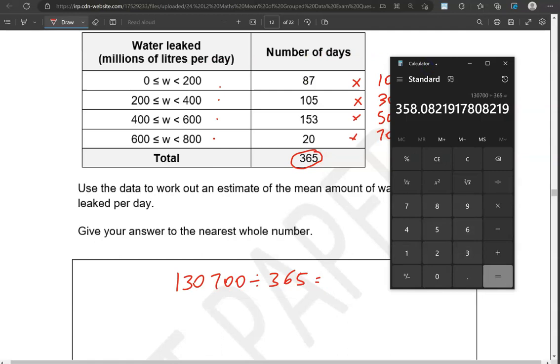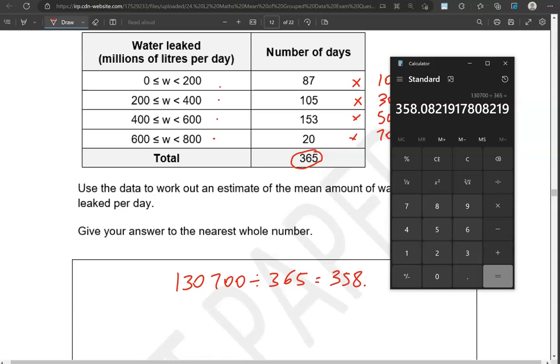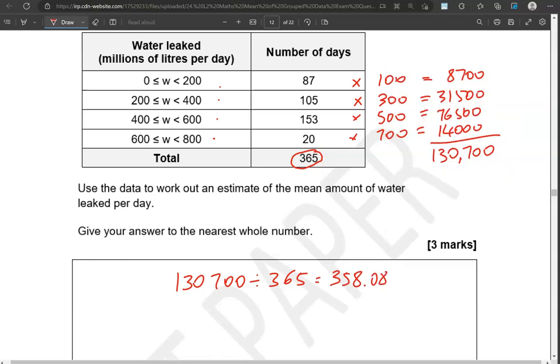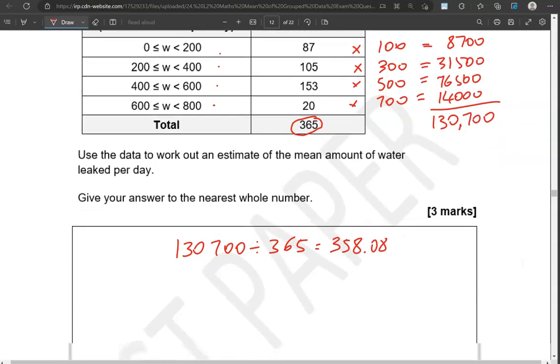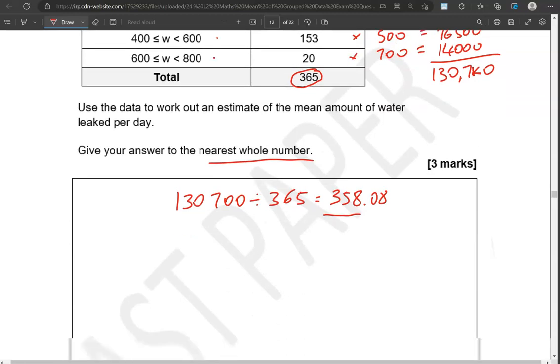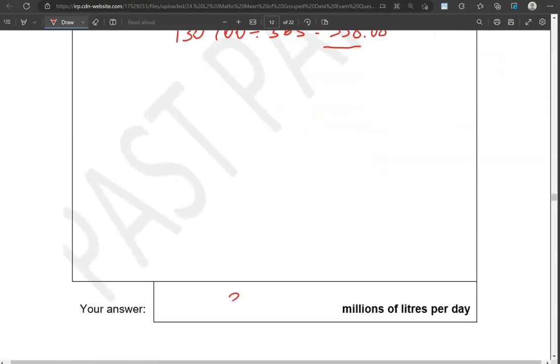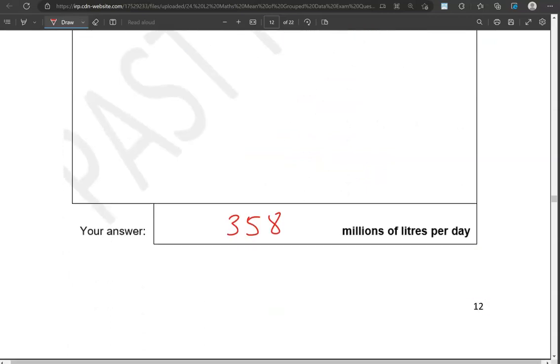And that gives us 358.08 to 2 decimal places. So to the nearest whole number, this is 358 millions of liters per day.